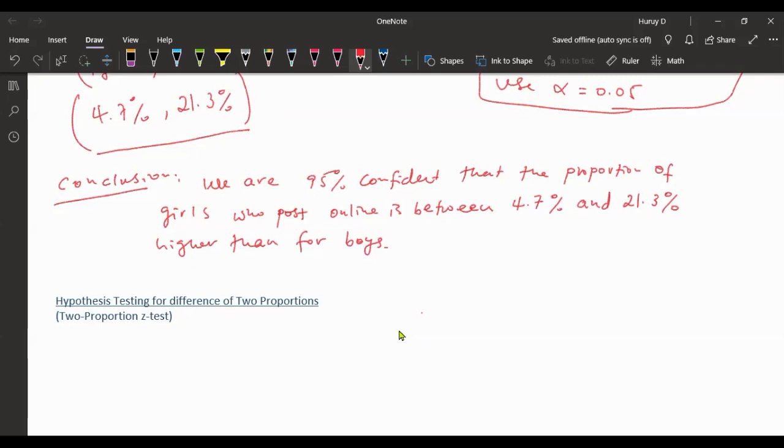Okay, but if you subtract the upper from the lower, remember those two numbers, they would have been negative, both of them. Okay, we would get a negative number. So here, instead of saying higher, we would say that of boys is between this and this percent lower than that of girls.